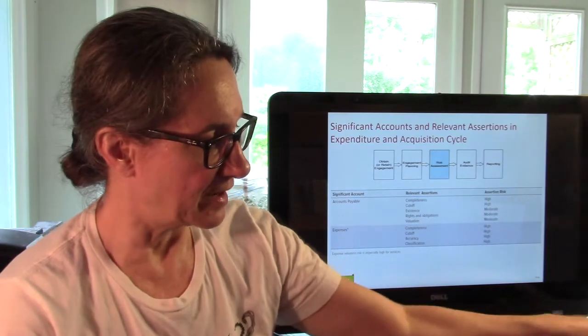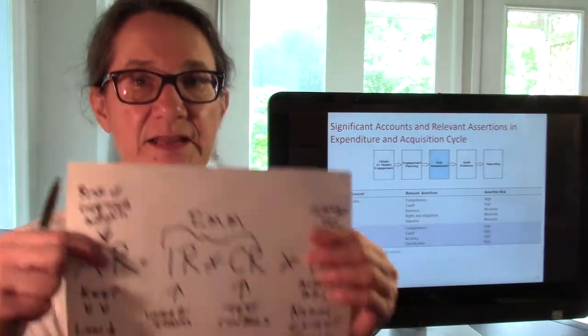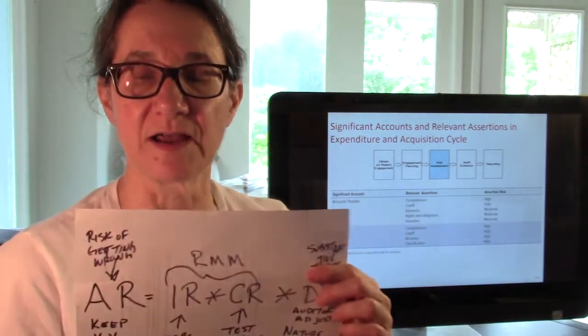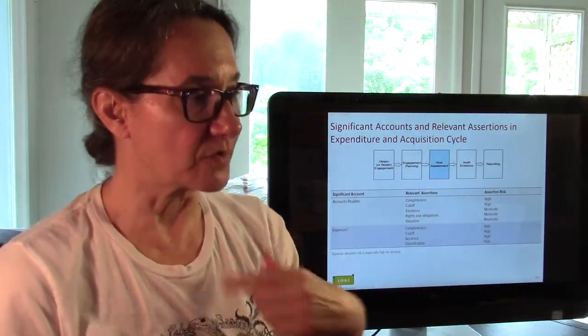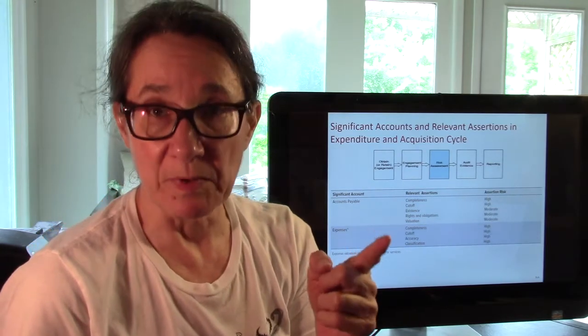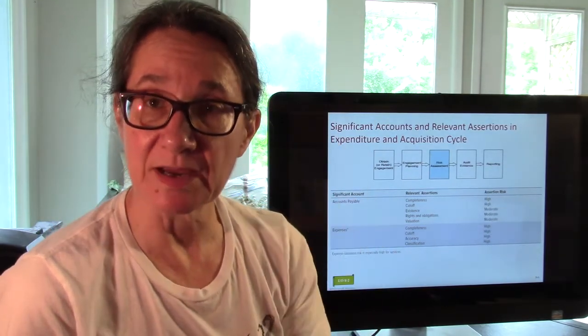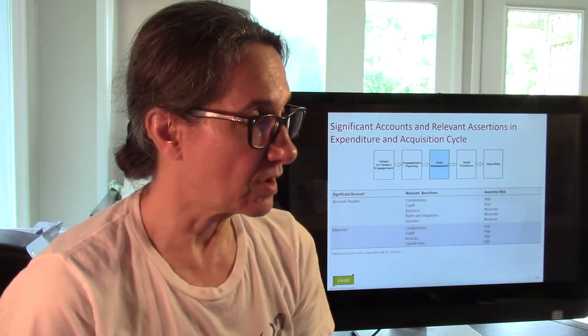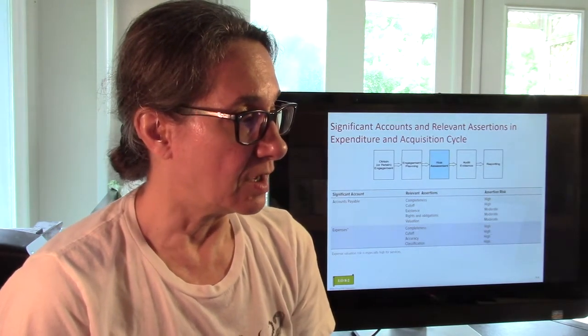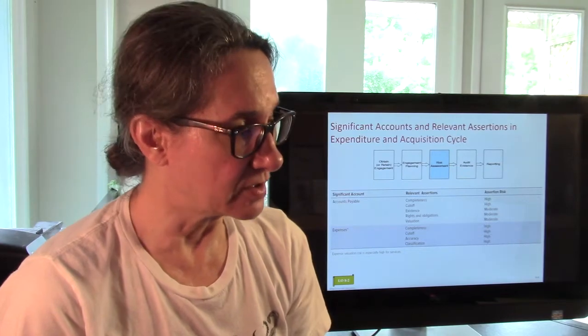Back to our understanding of the inherent risks, right? The inherent risk is that with accounts payable, they want to understate those. So always keep in mind as you're thinking throughout this whole cycle, they want to understate accounts payable and understate expenses.